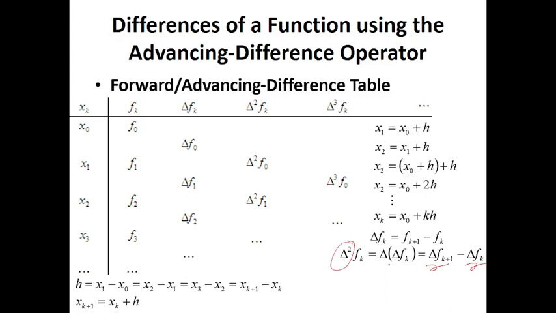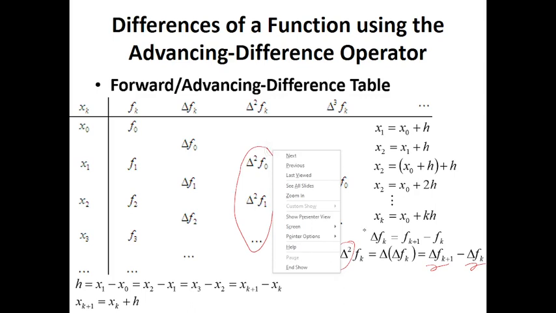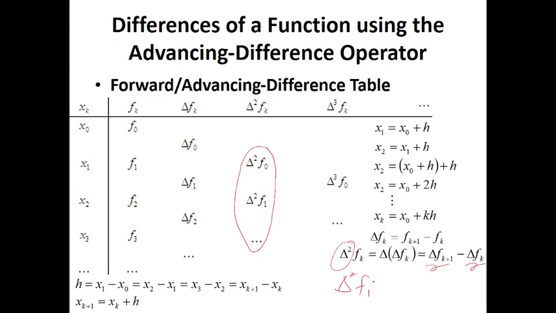So in order to determine the second differences of f, our goal is to obtain delta squared f sub o, delta squared f sub 1, and so forth. Now, if, for instance, I'm interested in finding delta squared f sub 1, if k is 1, that is delta f sub 2 minus delta f sub 1.